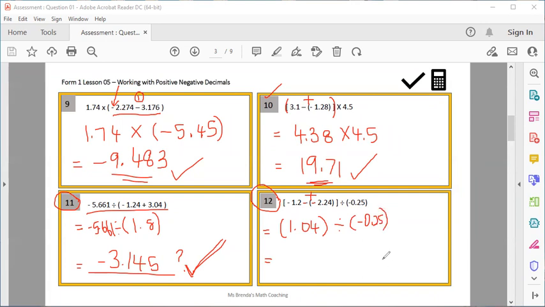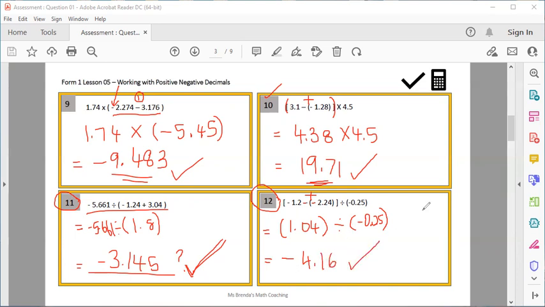Okay, so how does it look like? 1.04 divided by 0.25. Obviously, you know you're going to get a negative. So you don't have to press negative 0.25. No, no, no. In your calculator, 1.04 divide by 0.25 straight away. And you're going to get 4.16. Of course, you know it's a negative.